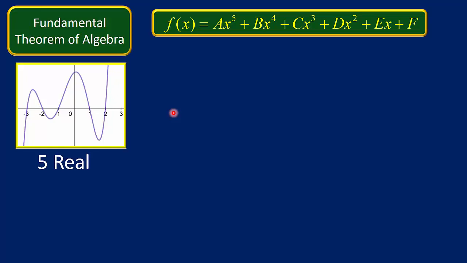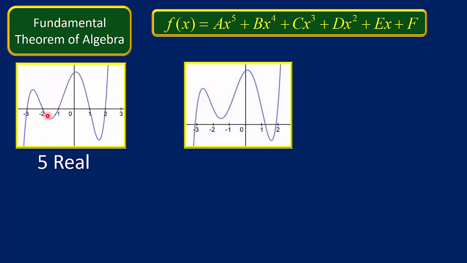Now, what I could do with this polynomial is I could increase this f, this number on the end. If I increase it and raise this graph up a bit, notice what happens to these 2 roots right here. These 2 roots are together. Watch what happens if I raise it up a bit. This graph no longer crosses the axis at -2 and -1 because the graph has been shifted up, and now it's elevated above.